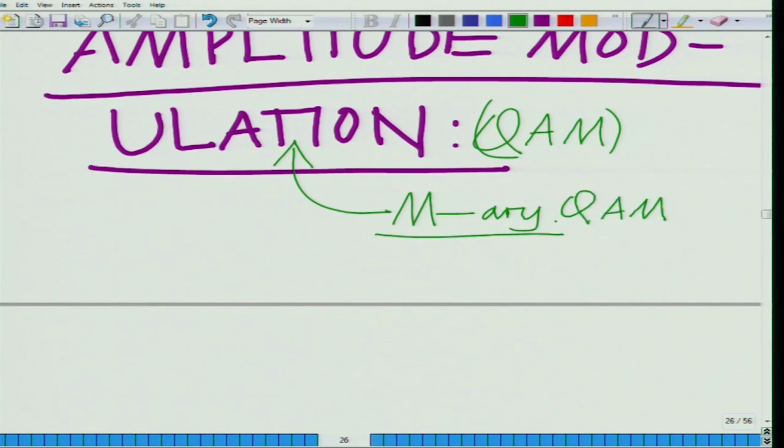Basically this implies that there are M symbols, as we have seen in M-ary PAM. In M-ary QAM there are M symbols.